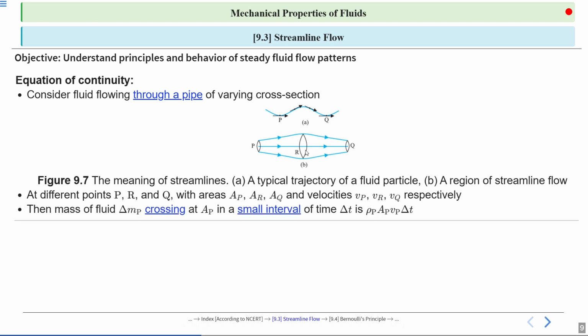Now, let's see how much fluid passes through one of these areas. Alright. So, the mass of fluid crossing area AP in a small time interval delta t is given by the formula: mass is equal to rho P AP VP delta t.